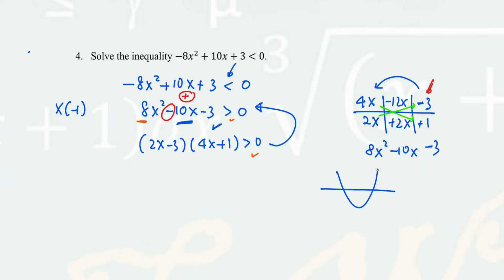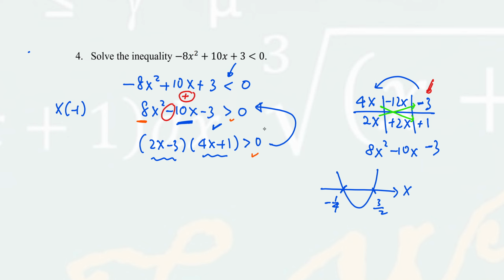Just simply sketch a graph and label the horizontal axis as x-axis. Now if I let the first bracket be 0, x is going to be positive 3 over 2. And the other factor, when you let it be 0, your x will be negative 1 over 4, which means negative should be on the left side. So I do the labeling on my graph, and the other side will be positive 3 over 2.